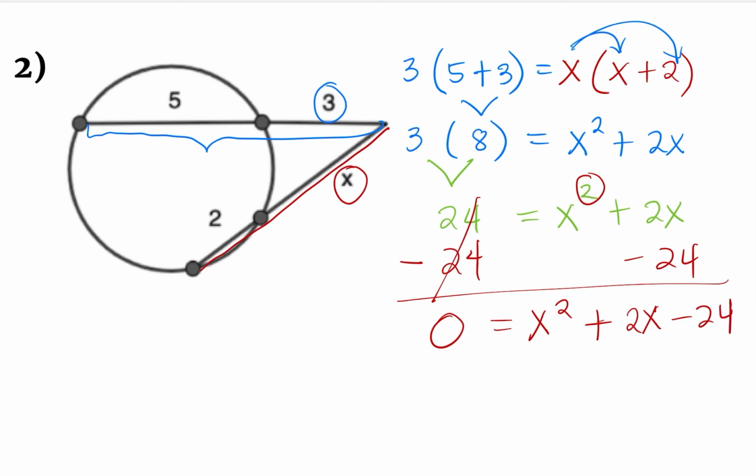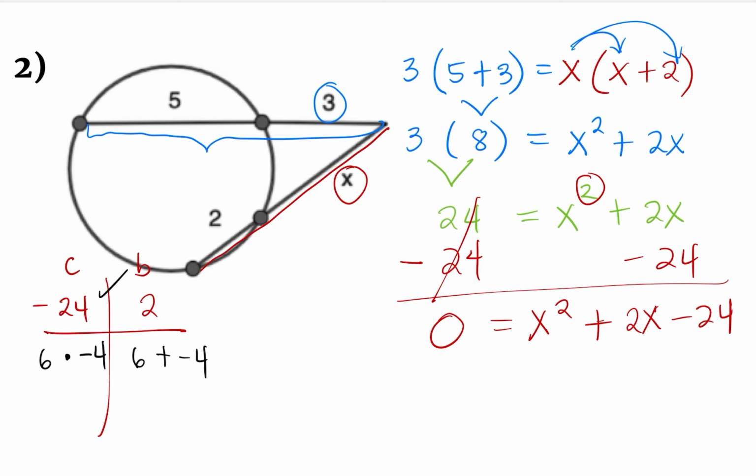And isolating the x by itself, we will have our c value negative 24, b is 2, and so factors of negative 24 are 6 times negative 4, that would give us negative 24 when multiplied. And if we add 6 plus negative 4, that would be a 2. So we found our factors.